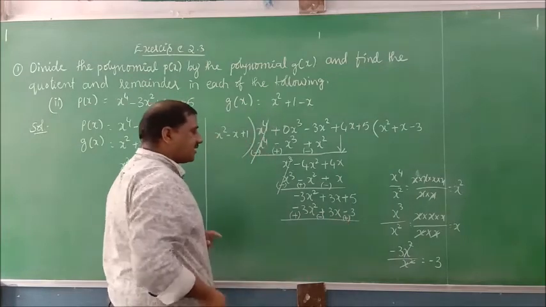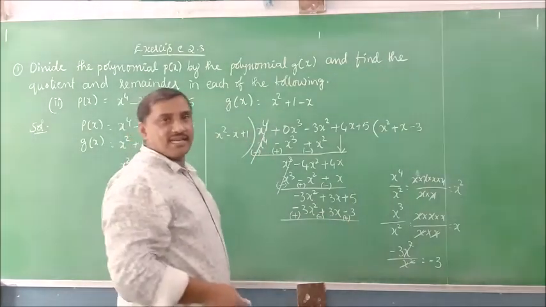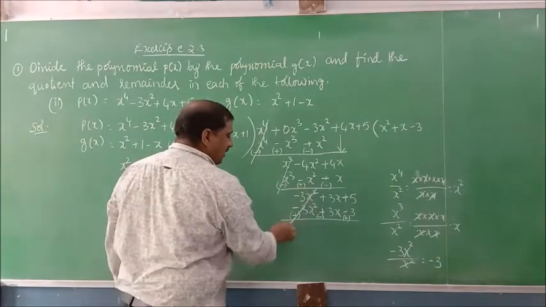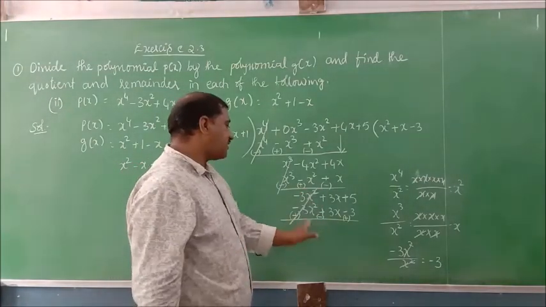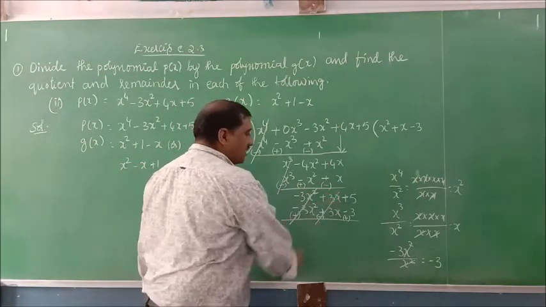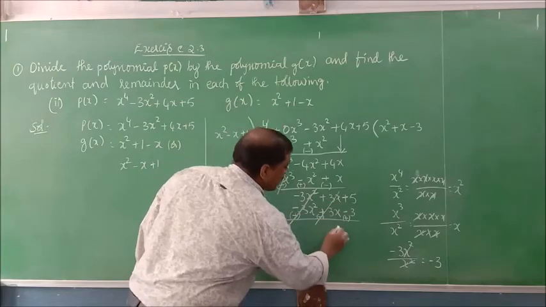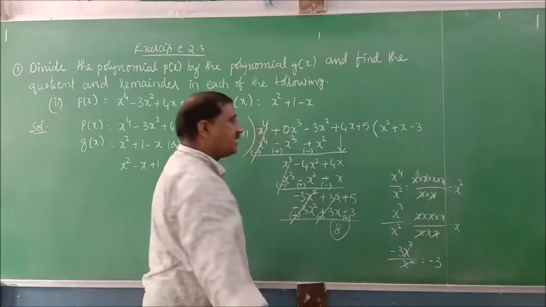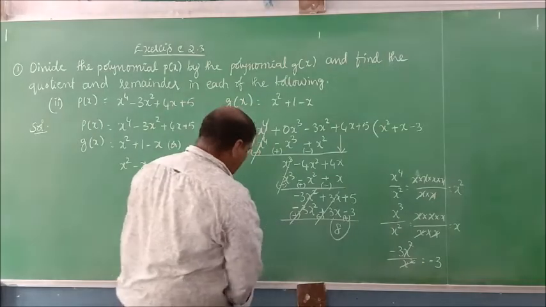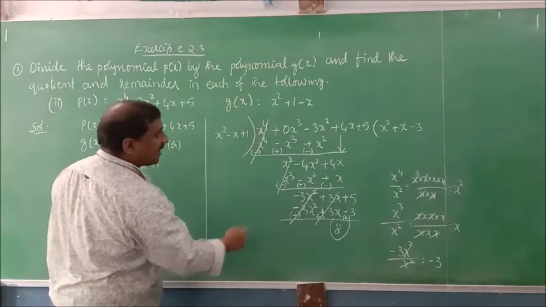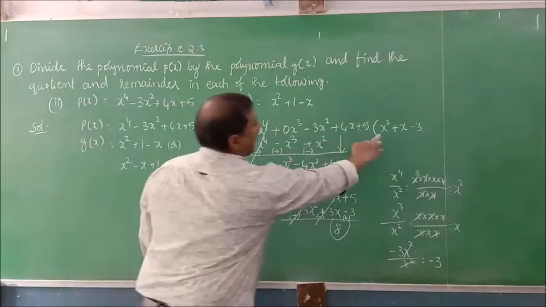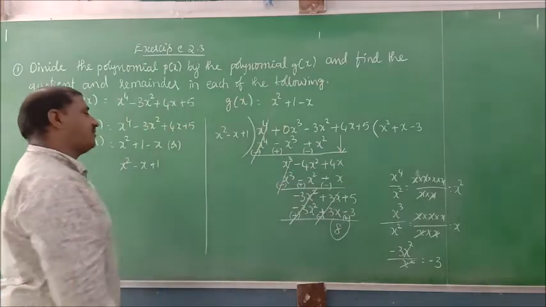Now what we get is minus 3x square plus 3x square, both will be cancelled, we get 0. Plus 3x minus 3x, both are cancelled, we get 0. Plus 5 plus 3 is equal to 8. Therefore 8 is the remainder, and the quotient will be x square plus x minus 3.